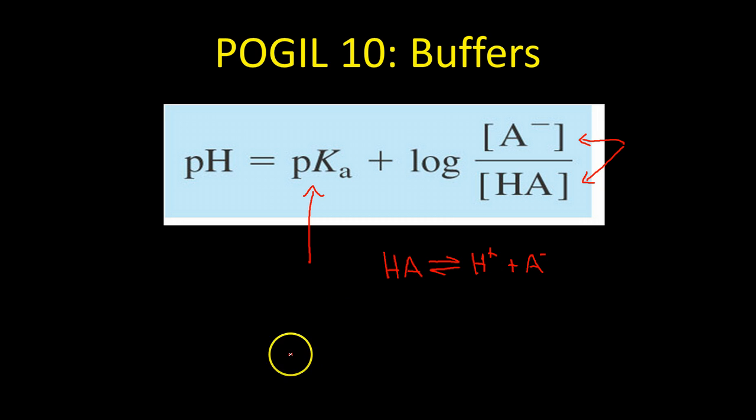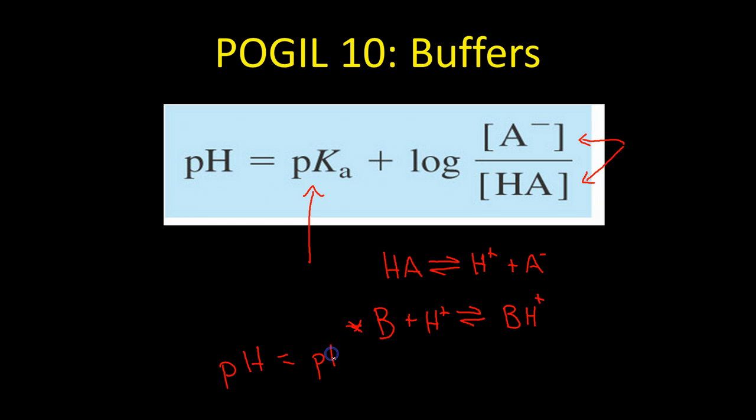But buffers can also be set up in a different way, where your basic form is actually neutral, and then you add a proton to that, and then you get a charged cationic buffer species. So in this case, if you were to set up Henderson-Hasselbalch off of this, it would look exactly the same, but you have to make sure that you're always putting your basic form on top.